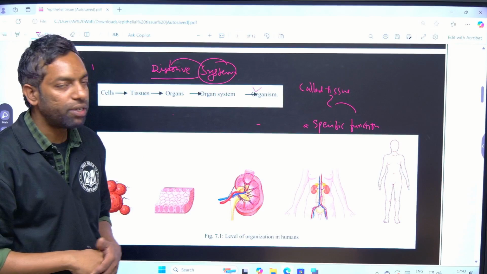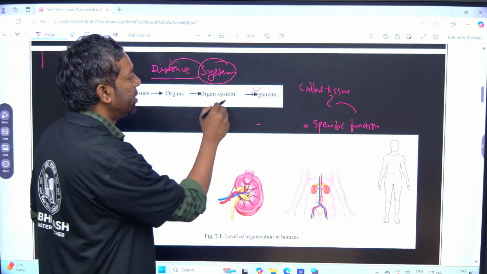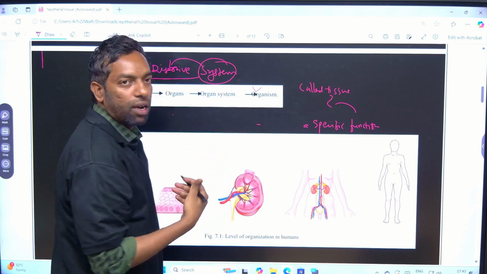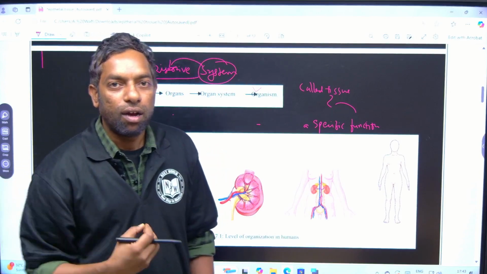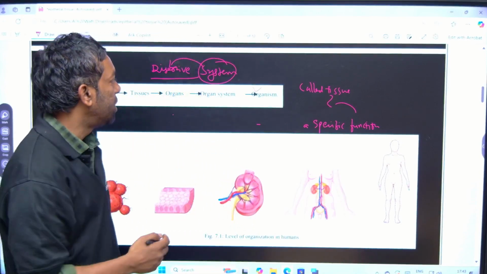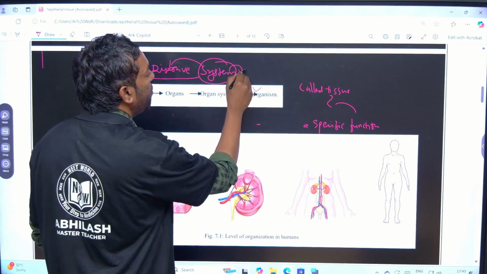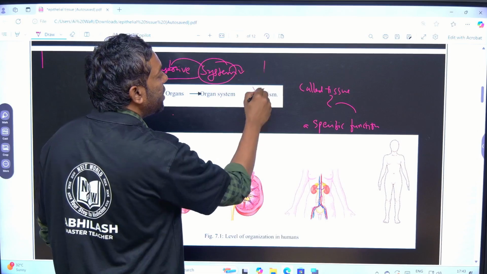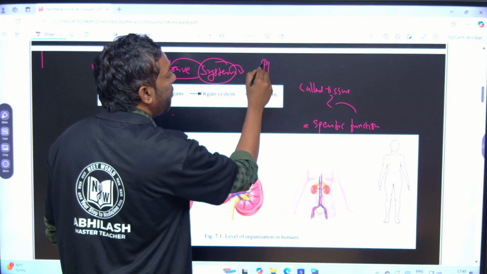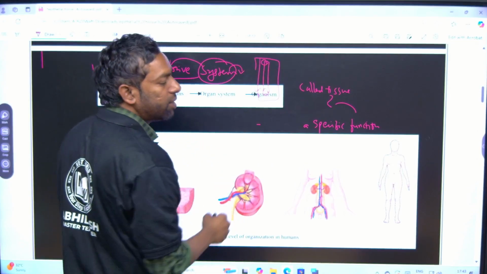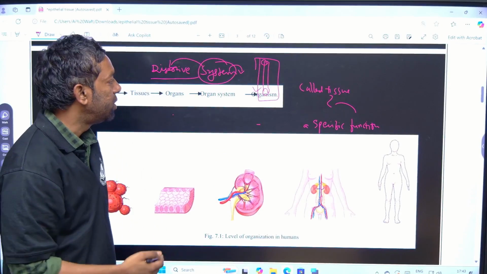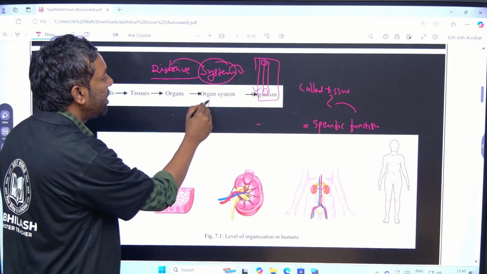The digestive system first developed in the Aschelminthes, meaning roundworms. There is a definite mouth and a definite anus, so we can call it a digestive system, first developed in the Aschelminthes.